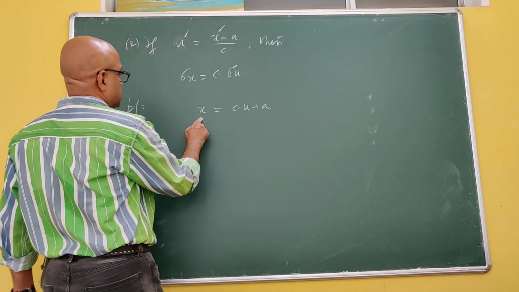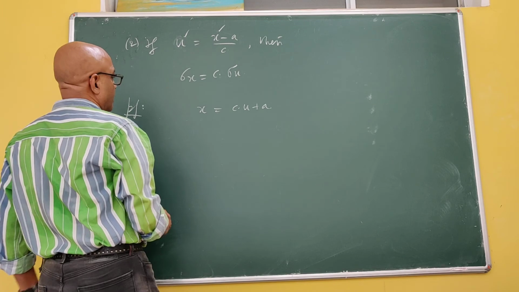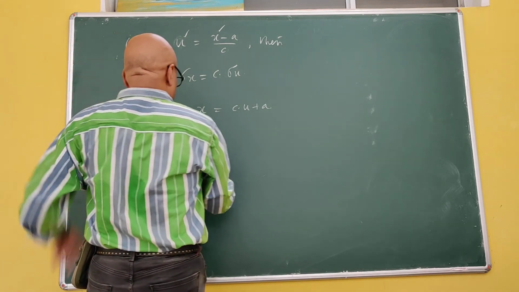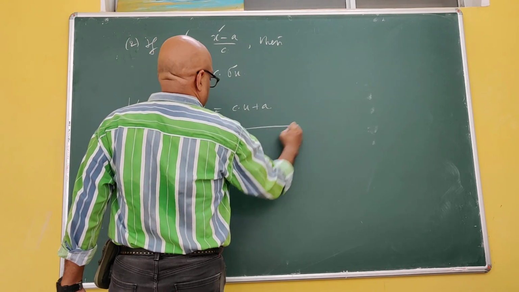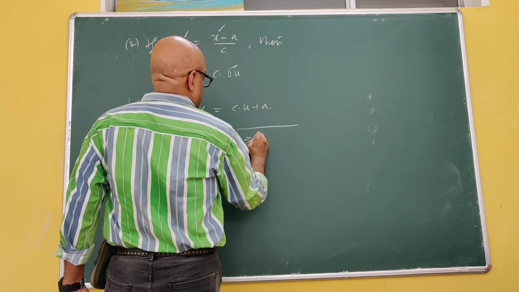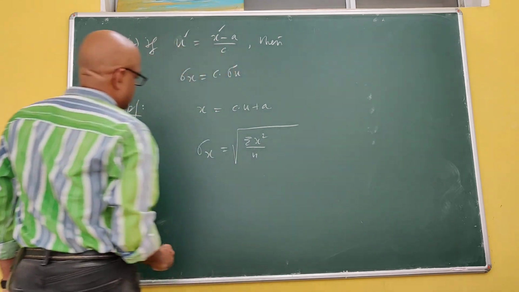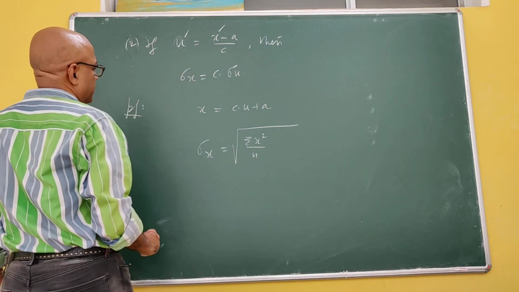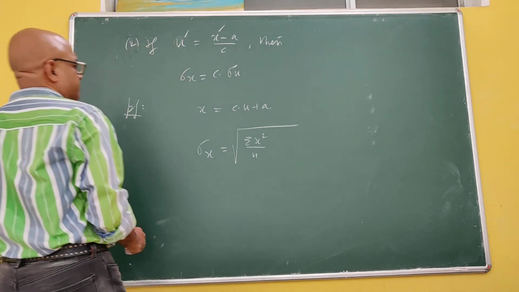So what happens to sigma x? Sigma x is square root of summation x square divided by n. Should I use this formula?